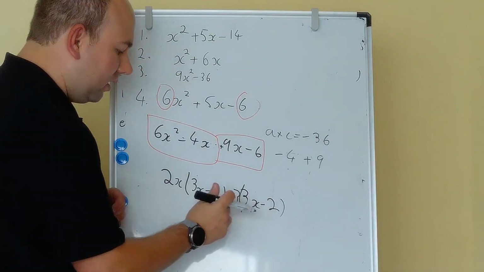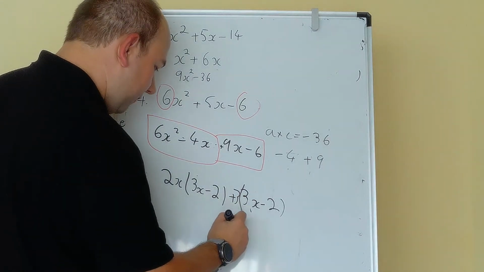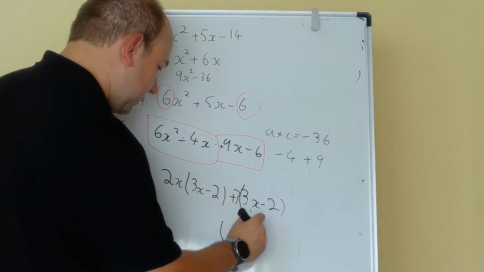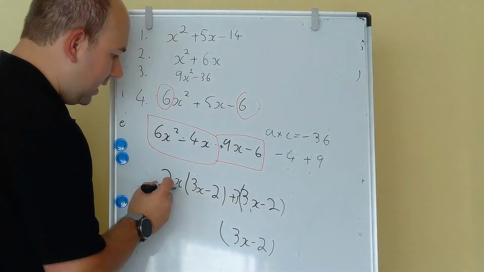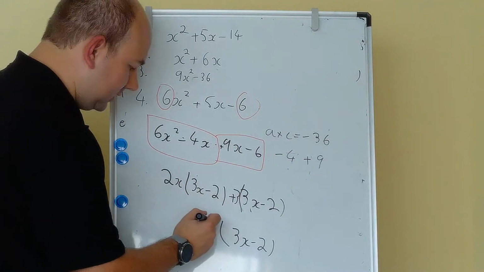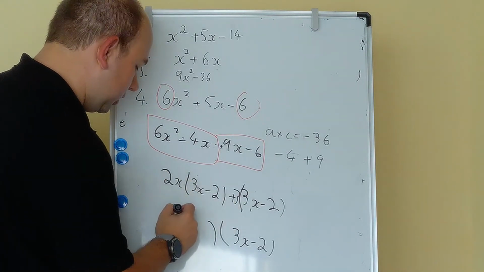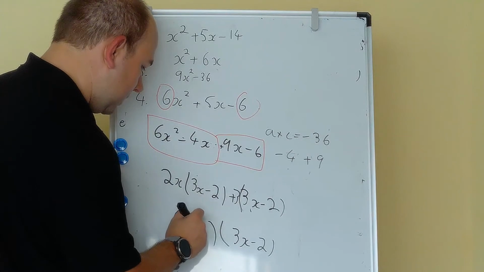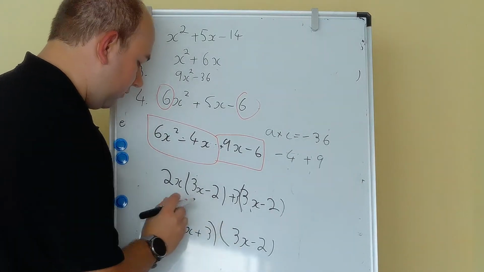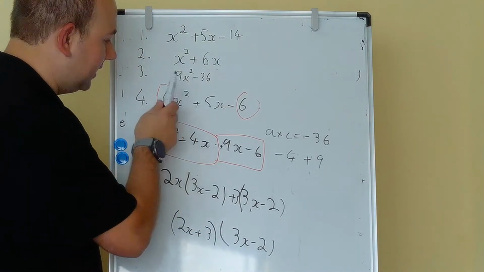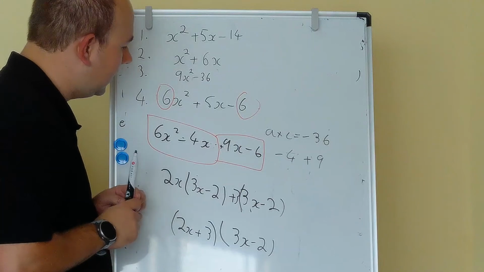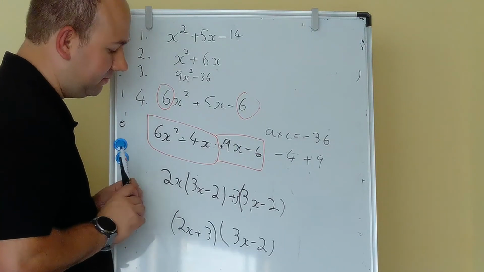So this is going to be one of the factors, so we can write that down. So we have 3x minus 2. And then to form the other bracket, we just take the outside parts. So we take the 2x plus 3. And now we've factorised this non-monic quadratic equation.